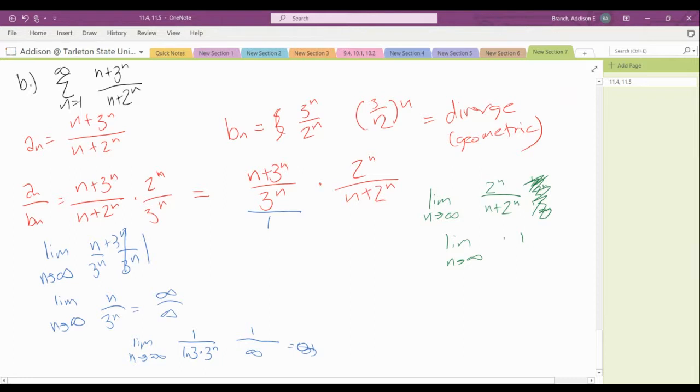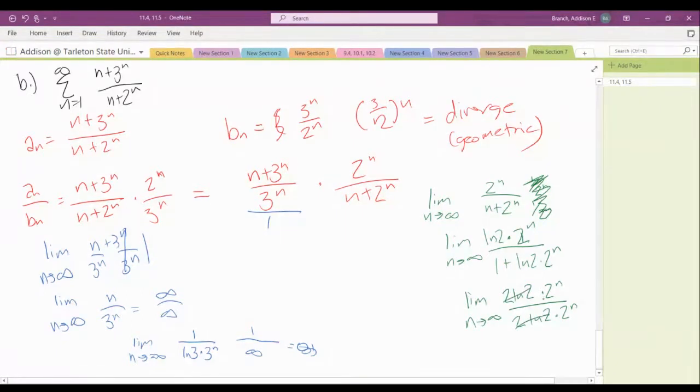So up here, we're going to get natural log of 2 times 2^n over 1 plus natural log of 2 times 2^n. We're still going to get infinity over infinity, so we're just going to do this again. We get 2 natural log of 2 times 2^n over 2 natural log of 2 times 2^n.